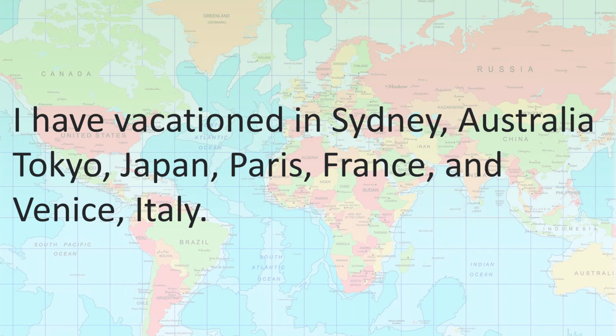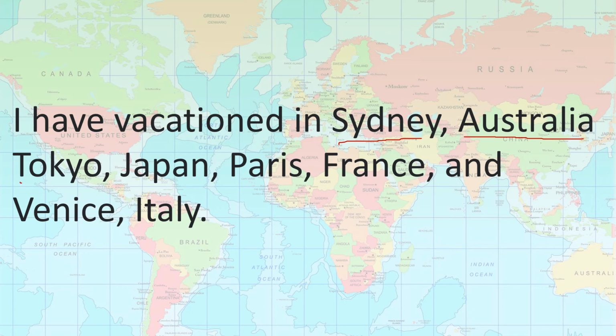Do you think you figured it out? Let's take a look at the first two items in this list. Sydney, Australia. So if you know your geography, Sydney is a city and Australia is the country that it's in.